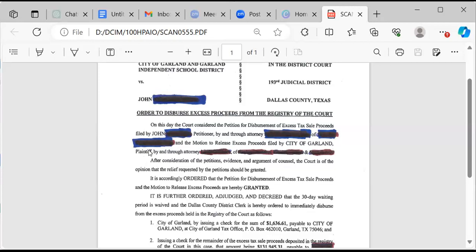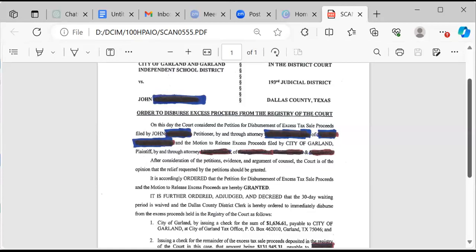And then it has the plaintiff by all through, and then has all the attorneys listed. Now, you guys know I had to black this out because I cannot put people's personal information out there. So everyone's name is blacked out, especially the attorney. I left the claimant's first name up there, and that's fine. But everything else I have to black out. I cannot share personal information like that.